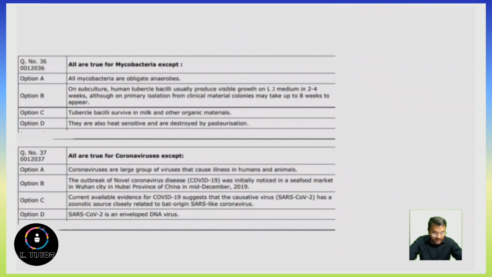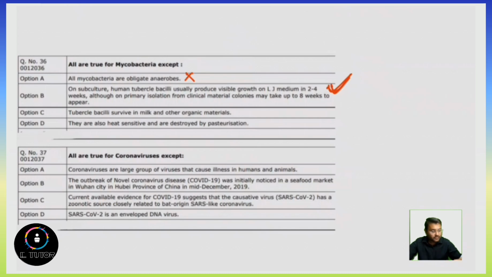All are true about mycobacterium except. Option A is all mycobacteria are obligate anaerobes. No, this is not true. On subculture, human tubercle bacilli usually produce visible growth on Lowenstein-Jensen media in 2 to 4 weeks, although on primary isolation from clinical material colonies may take up to 8 weeks to appear. Yes, this is true. On this media, it takes a little more time. Tubercle bacilli survive in milk and other organic material.